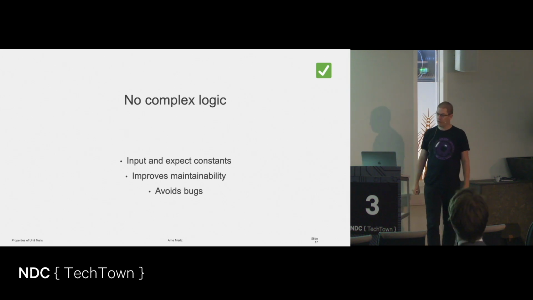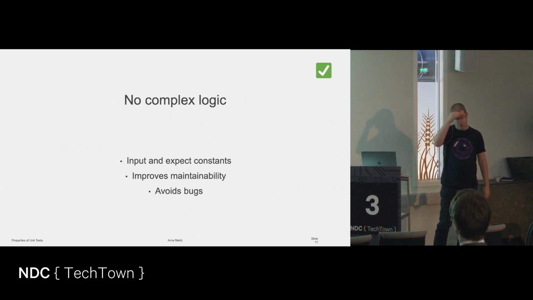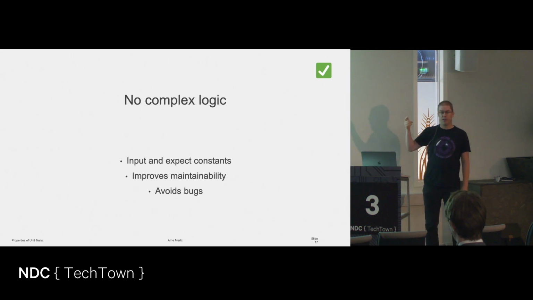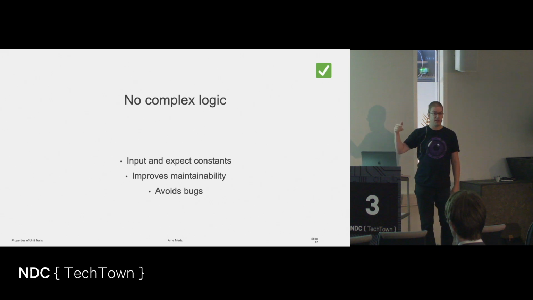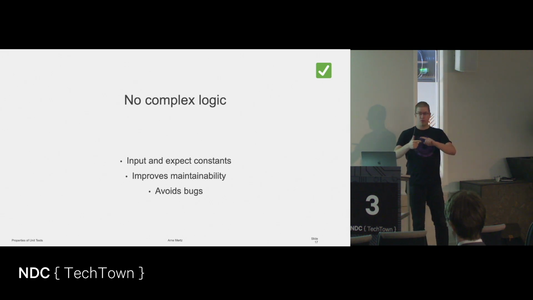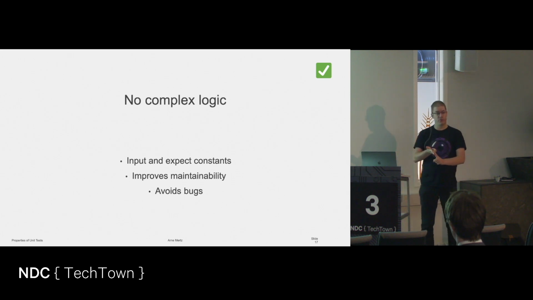A good example is by Kevlin Henney, where when he talks about unit tests, he talks about whether a year is a leap year, so it has an additional day in February. It depends on whether it's divisible by 4, by 100, and by 400, right?